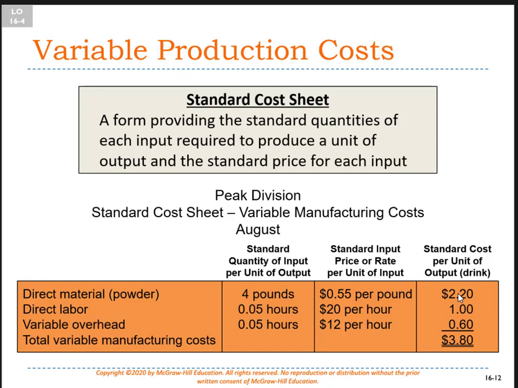We could buy it for more or less than 55 cents per pound, because prices change, right? Any change in that would give us a result that's different than $2.20. All right? And what we want to try to do is identify what's causing the difference so that we can adjust going forward.